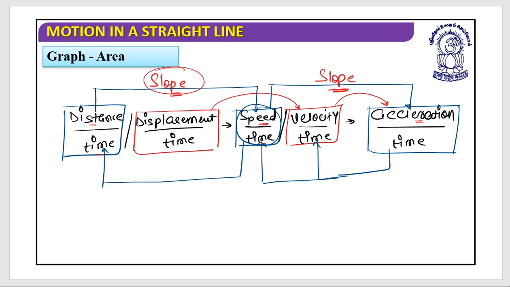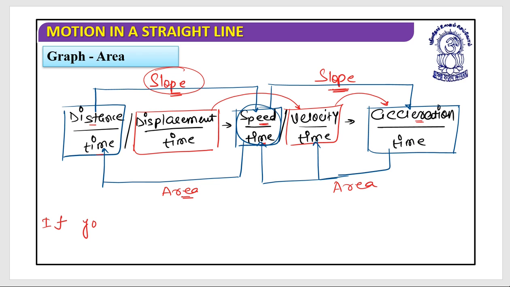Yes, what was your answer? Yes, you are absolutely correct. You need to find out an area. Have you done up to this? Are you sure? Confirmed? Yes. So let's summarize these things.